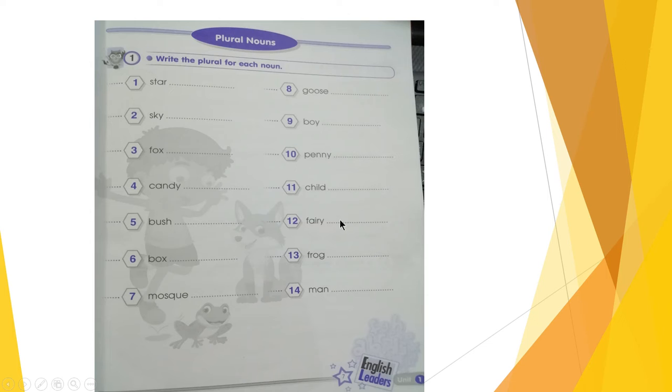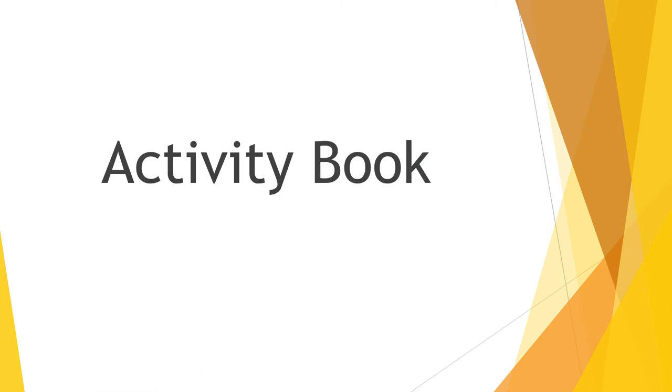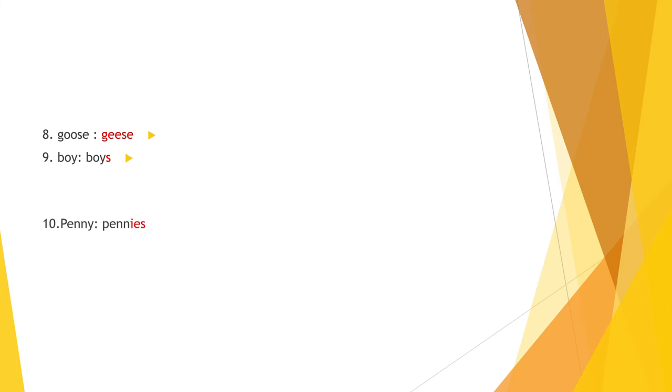Okay, so fairy becomes fairies. So we change the y into i and then add es. Why? Because the y is preceded by a consonant يسبقها حرف ساكن.